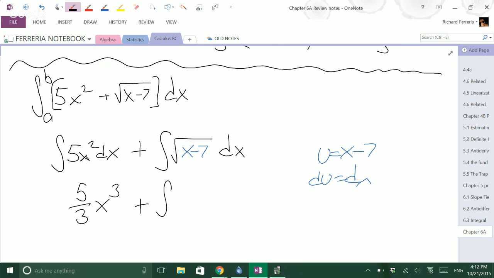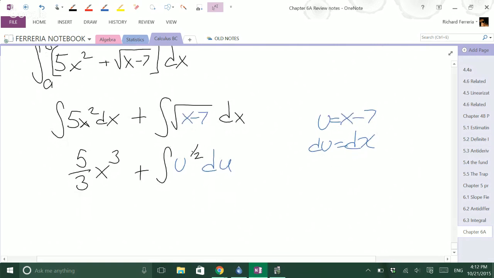That means the antiderivative of u to the 1/2 power. Dx is du. And once you substitute, I think you get your antiderivative.